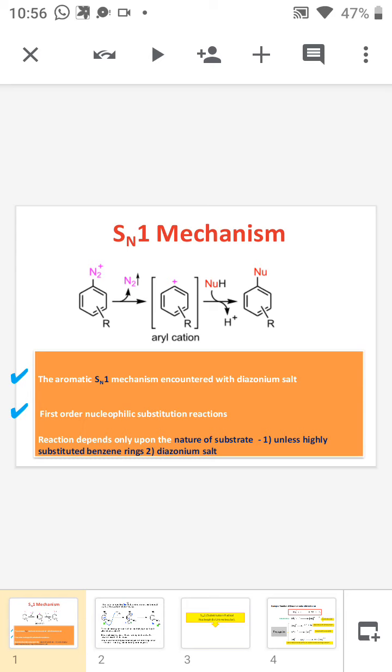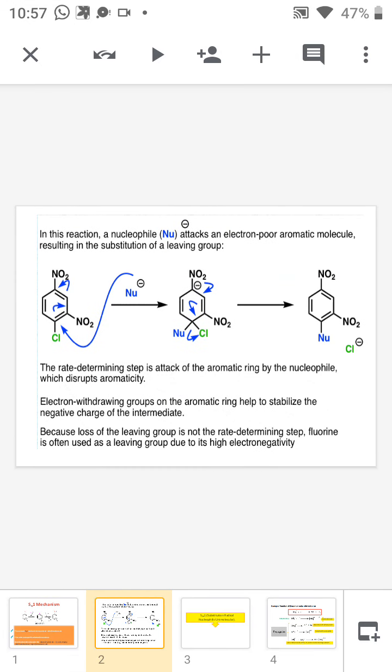So this is the first example. The diazonium salt liberates nitrogen to form an aryl cation, and this cation reacts with a nucleophile to form the substituted compound. Now we are moving on to another example.